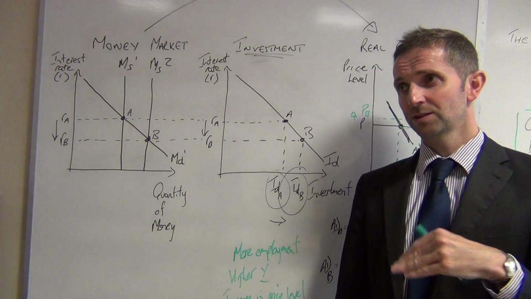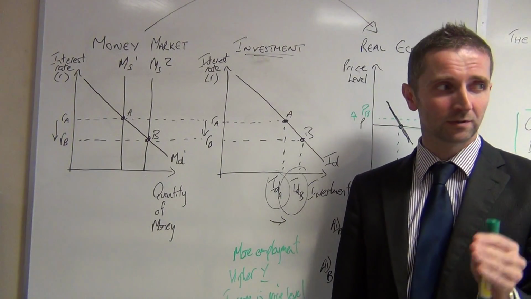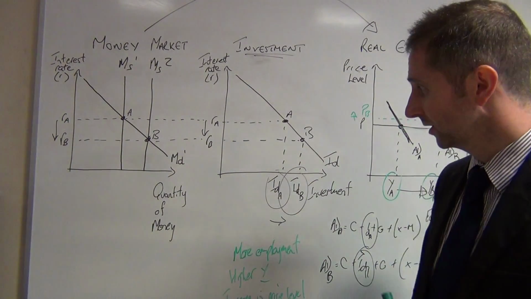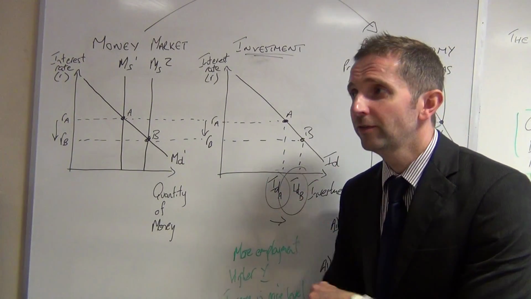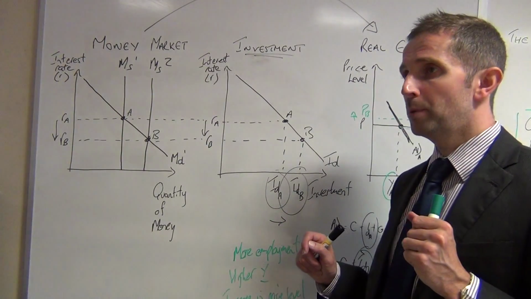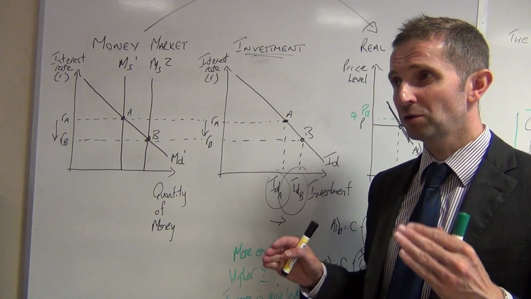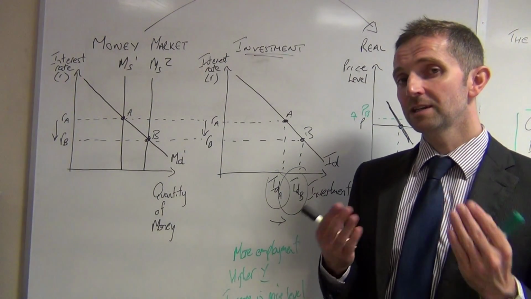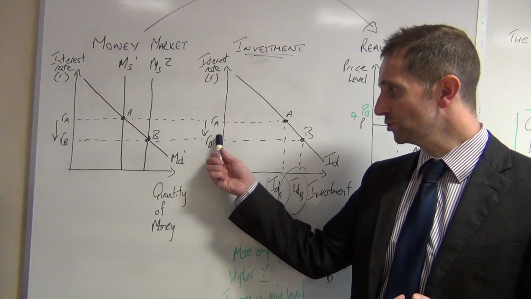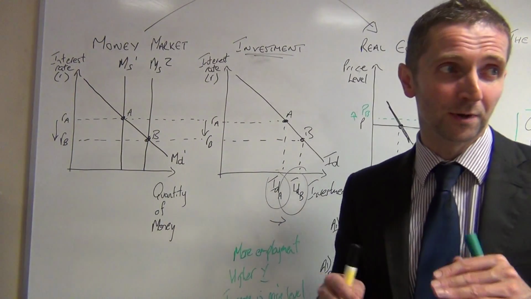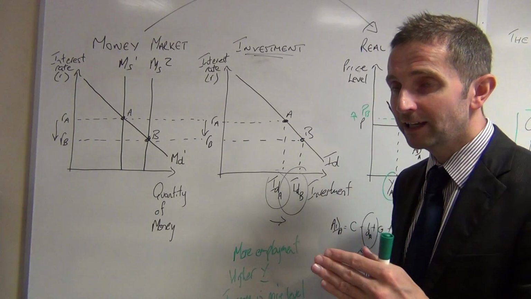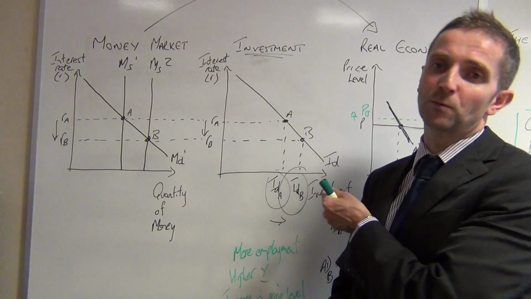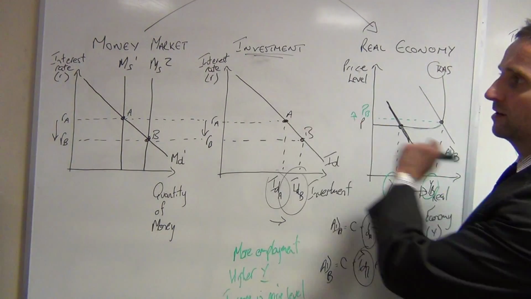Well, firms, especially post-recession, the greatest global recession in post-war history, don't have shed loads of cash to purchase new capital equipment which could cost them tens of thousands, hundreds of thousands, if not millions. And so they need to borrow the money. Well, a lower interest rate means the opportunity cost of borrowing the money is less. They're more likely, in theory, to borrow said money, and consequently the level of investment will go up. So that's fairly straightforward as well.